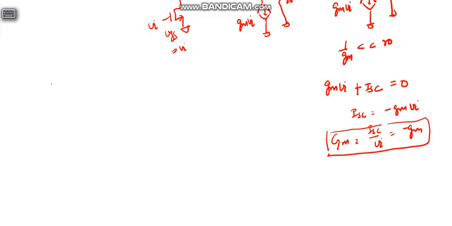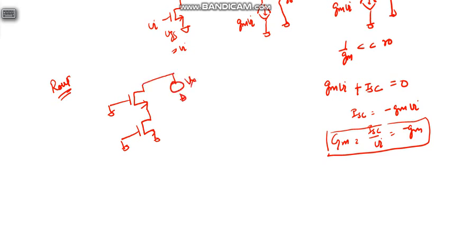Now we need to find the output resistance Rout. For Rout we need to draw this circuit like this. We need to ground this. This is ground. Here we put Vx, some voltage source, and Ix is the current.